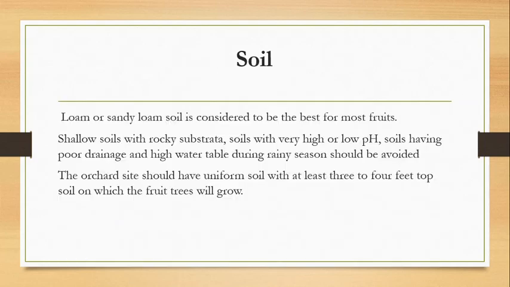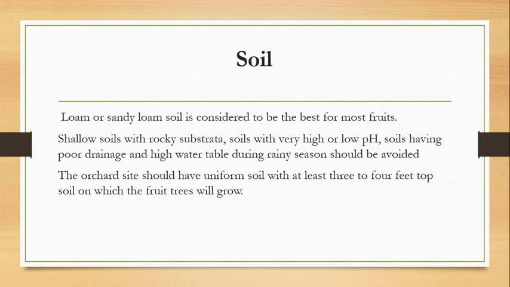Now for soil, loamy or sandy loam soil is considered the best for most of the fruits grown. But the soil should be deep with no rocky substratum. Soils with a very high or low pH, soils having poor drainage and a high water table during the rainy season should be avoided because such soils can create problems in further growth of the trees.